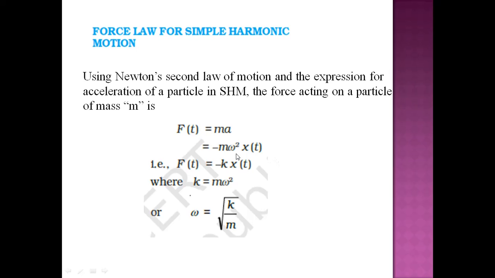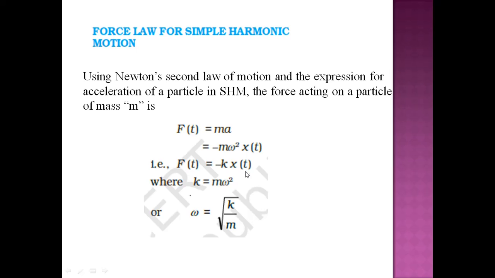Acceleration is minus omega squared x(t). If you write m omega squared as k, called the spring constant or force constant, then you can write F(t) equal to minus k into x(t).